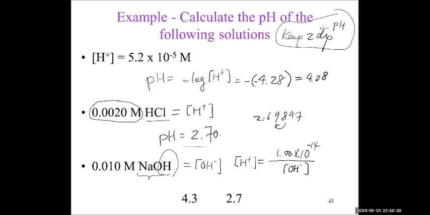Use 10 to the negative 14 divided by hydroxide, and that will give me the hydrogen ion. Hydroxide is 10 to the negative 2, so you would get 10 to the negative 12.